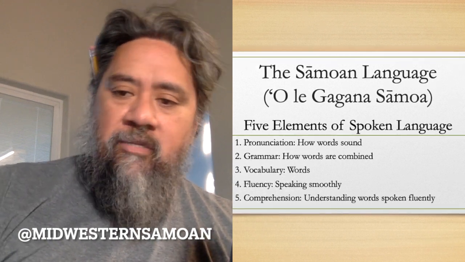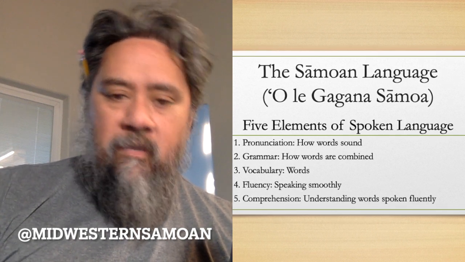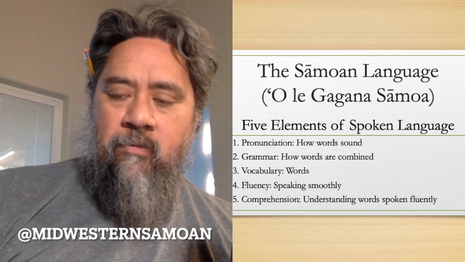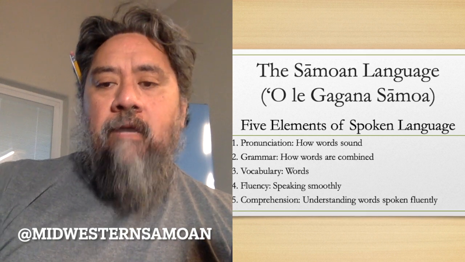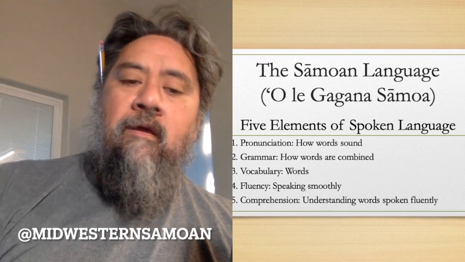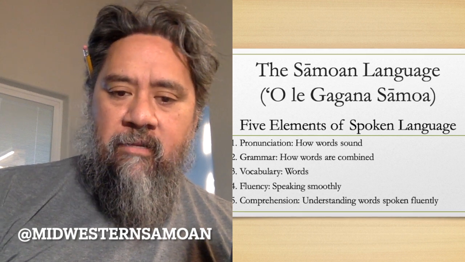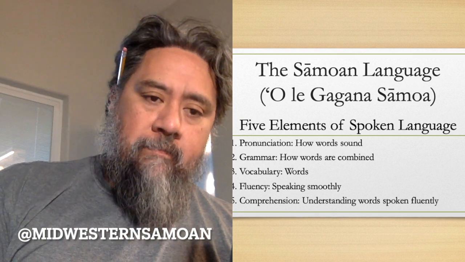As you build that vocabulary, you can learn to speak it by combining the pronunciation, the grammar, and the vocabulary to make fluency, to speak it smoothly. And as you practice more and more, you'll start to comprehend things, the comprehension, you understanding the words when they're spoken fluently.